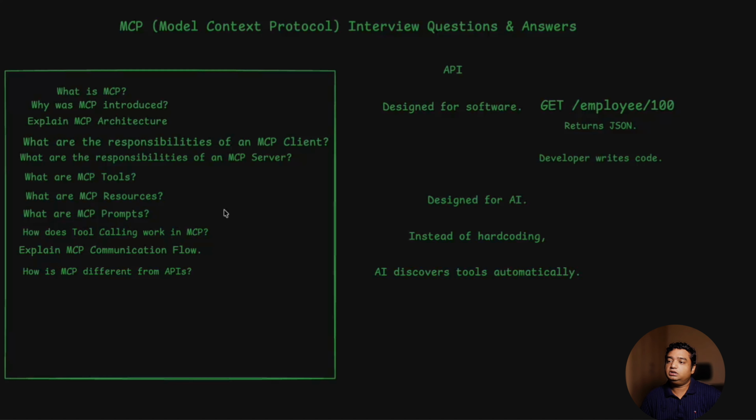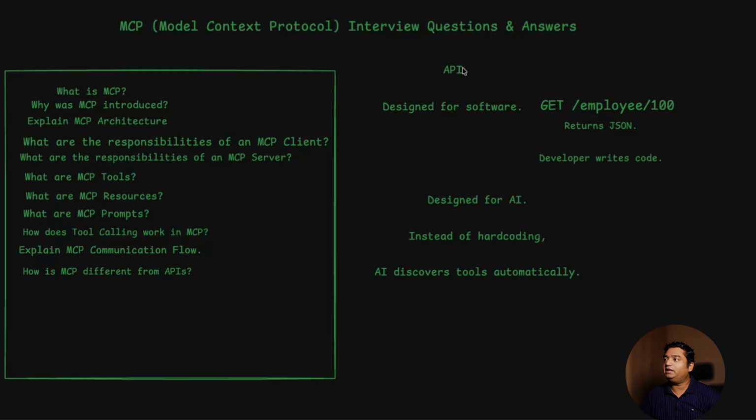So the other very important question is how is an MCP server different from an API. Here people get confused and are not able to explain it properly. I'll explain it with a simple example. First of all, there is a huge difference between a normal API call and using MCP.